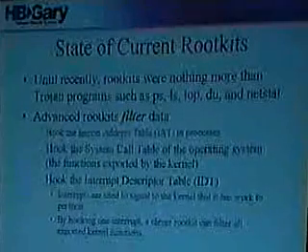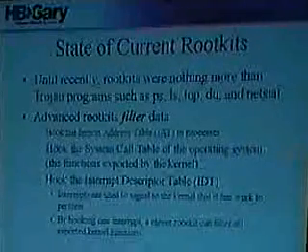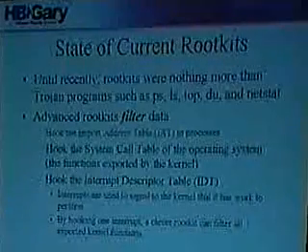Until recently, most rootkits were nothing more than a Trojan program. This is probably like an 80s thing. They would replace ps or ls or something, so that when an administrator would run the command, they would get a Trojan version of the executable. Of course, companies have come along and, for the large part, solved this problem.